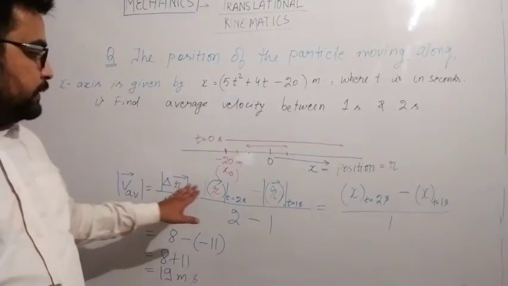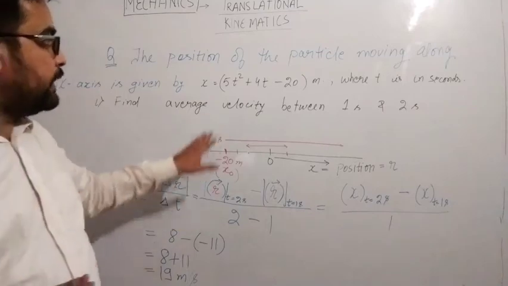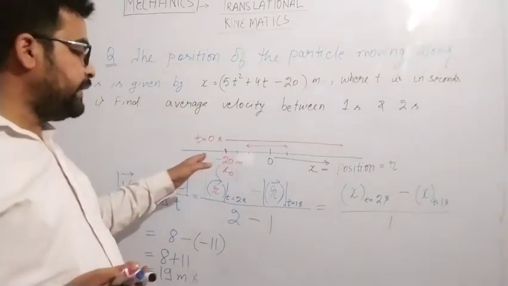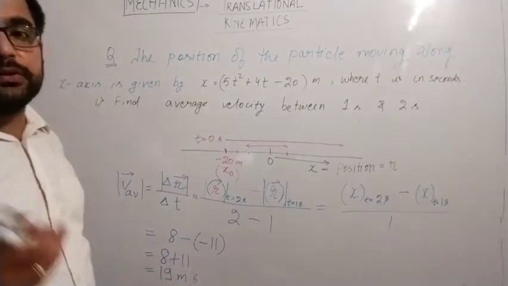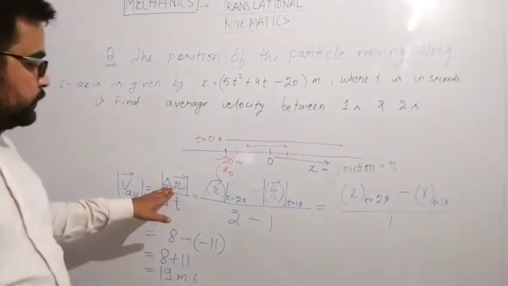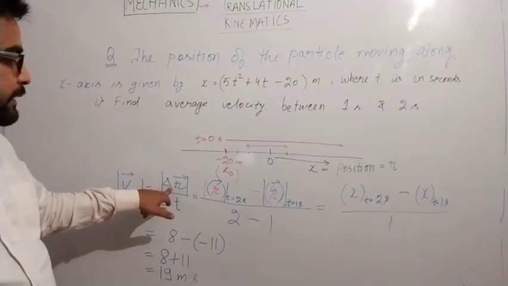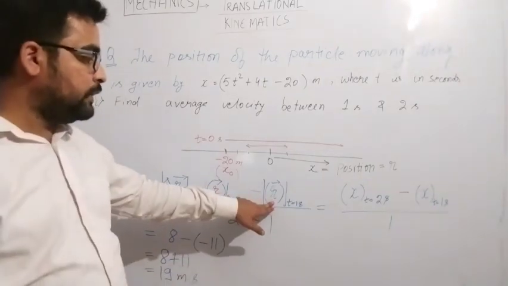You just follow the method, you don't have to think about whether the particle will be here at what time and here at what time, right? The negative side, positive side, that will already come here. If you follow the approach, what do you mean by delta? Delta R means the final position minus initial position, right?